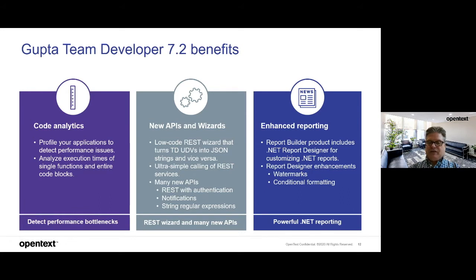So we also have many new APIs in 7.2. For example, REST with authentication. So we can use OAuth 2 to authenticate to a REST service. We introduced notifications in Team Developer 7.2, and we later enhanced those to provide more Windows 10 features, but that will be in 7.3, I think.